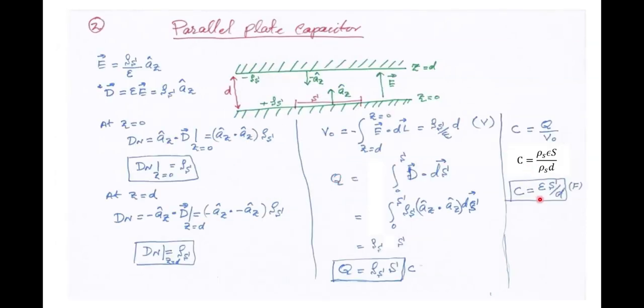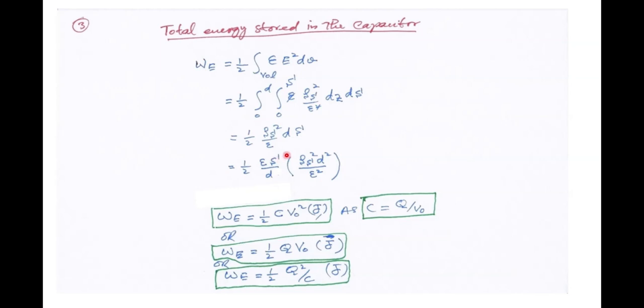So going back, look at the capacitance of a parallel plate capacitor, which is equal to epsilon times S divided by d, and the potential is equal to rho_s over epsilon into d. Using these two expressions, we can reduce this relation into this form, and we know that Q is equal to C V_0.